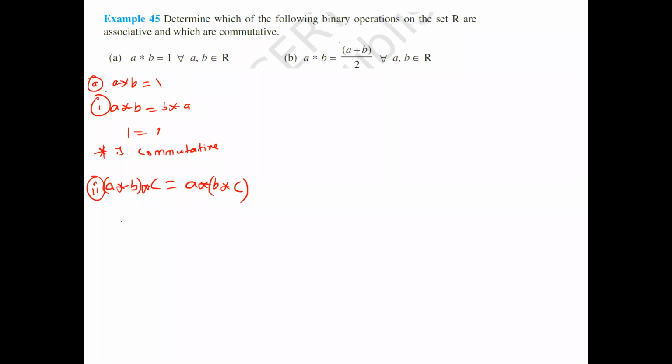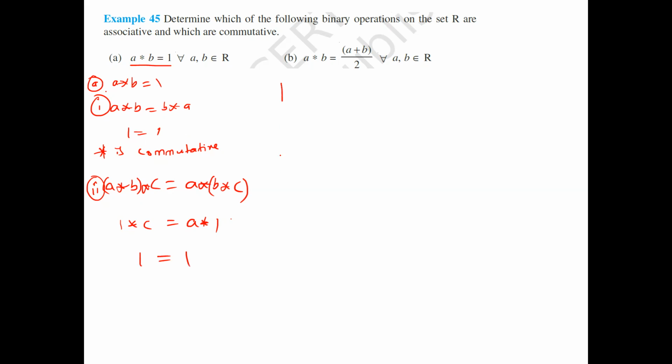Now A star B means 1 star C. Here A star (B star C), so B star C value is 1 by the given condition of the binary operation. So it is 1. Here 1 star C equals A star 1, which is always 1 only. Whatever the operation, the value will be 1 only according to the given condition.